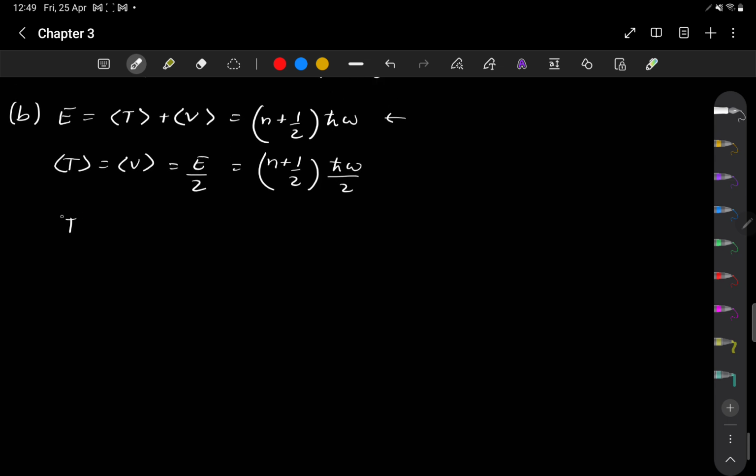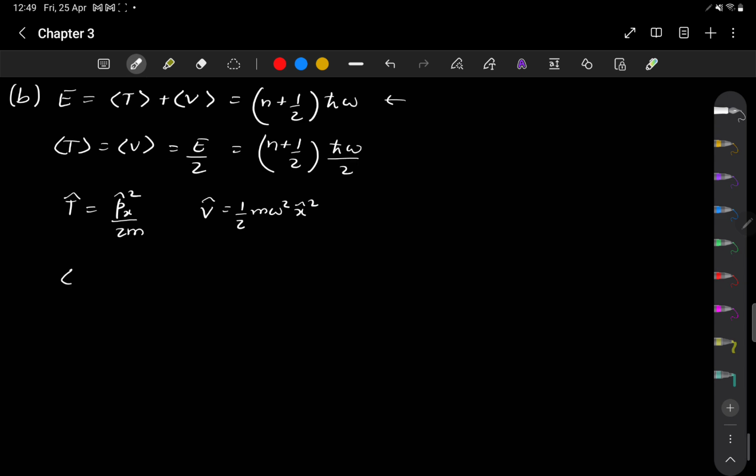Now the kinetic energy operator is nothing but p squared over 2m, that's kinetic energy, and potential energy is half m omega squared x squared. So the average value of kinetic energy is 1 by 2m times the average value of p squared, and the average value of potential energy is half m omega squared times the average value of x squared.